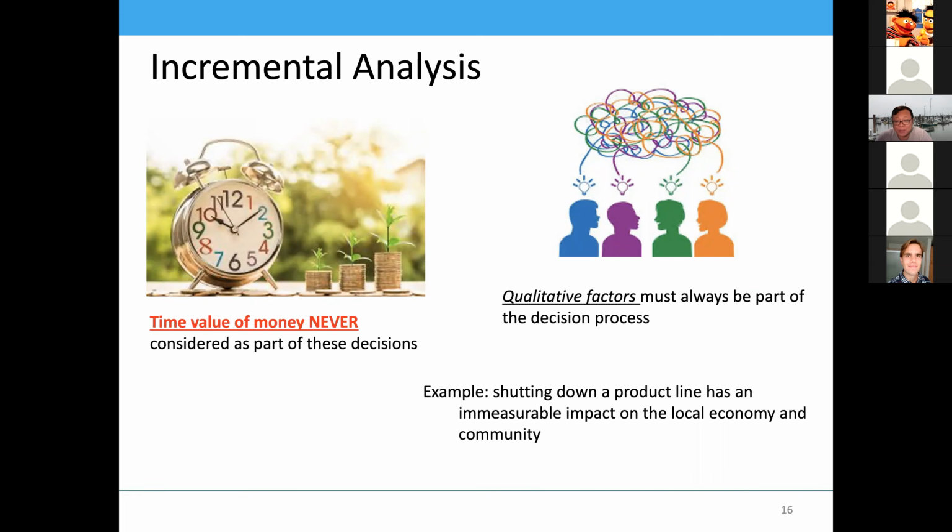Unless maybe the government will help you, because it has a big impact on the community and the local economy, the local government probably will kick in some money to help you survive, right? Okay. Yeah, thank you.